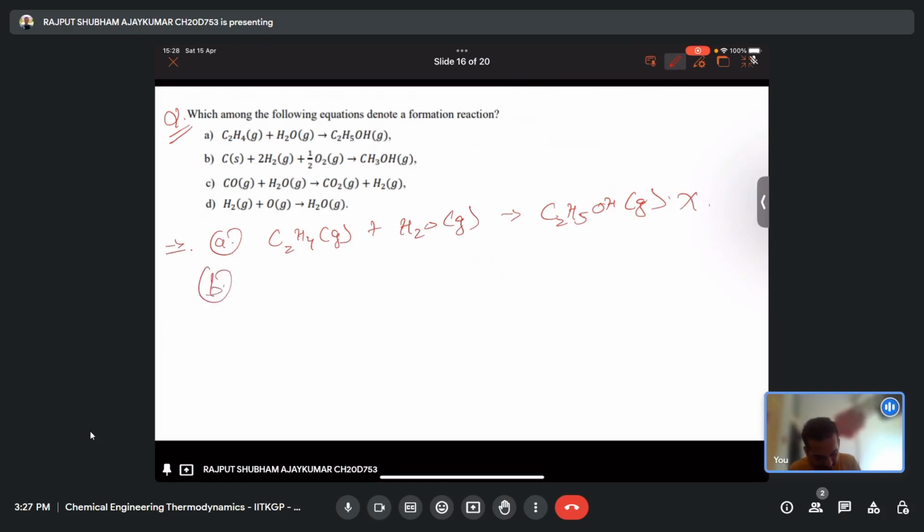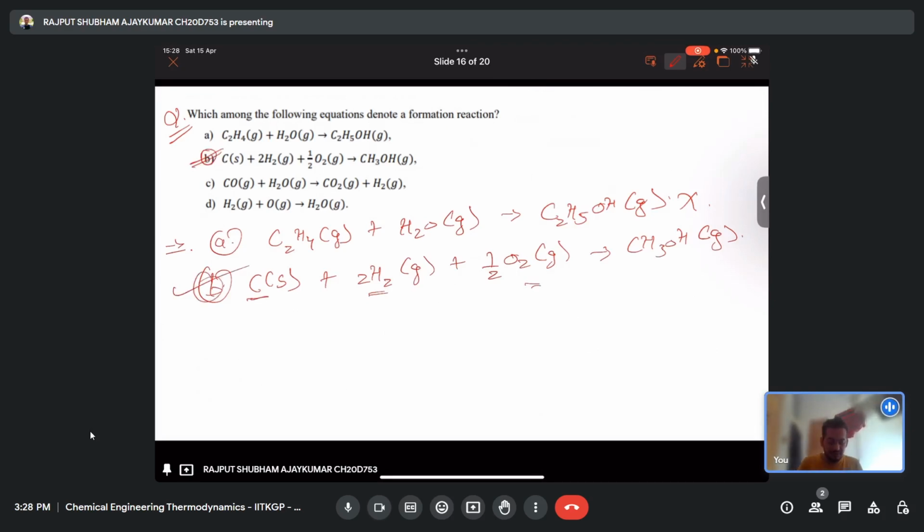If you consider B, this is carbon plus hydrogen gas plus oxygen in gas phase giving methanol, that is CH3OH. Like I said, a formation reaction can only be classified if the product is formed from the elements, not from the compounds. Here all are elements: carbon, hydrogen and oxygen. So this is a formation reaction. This one is the correct answer.